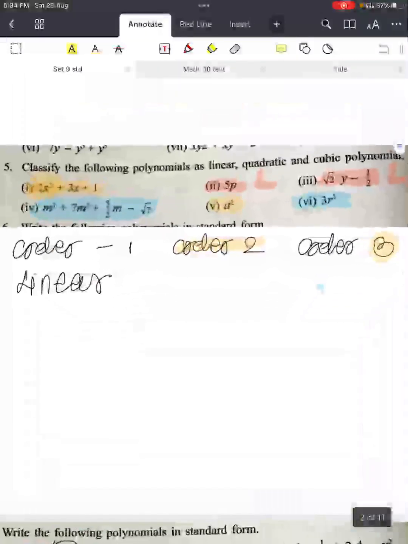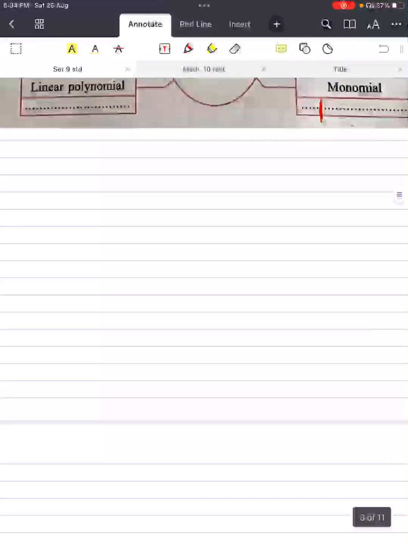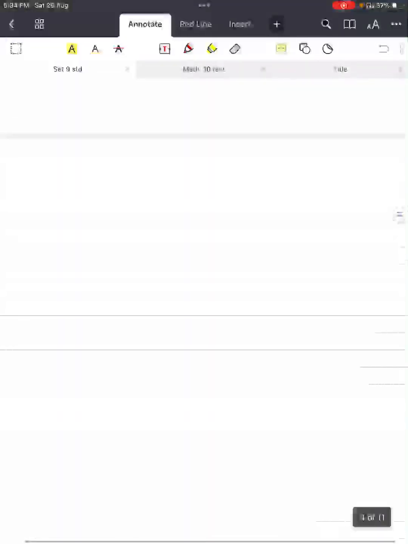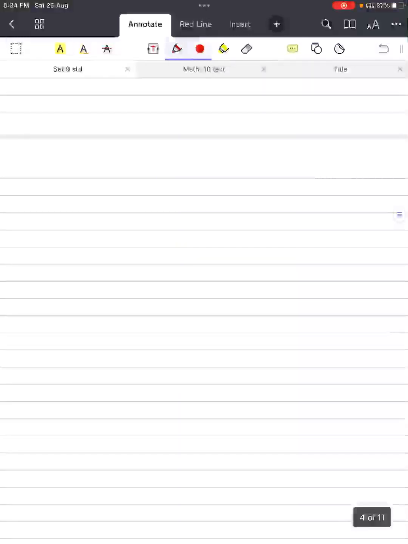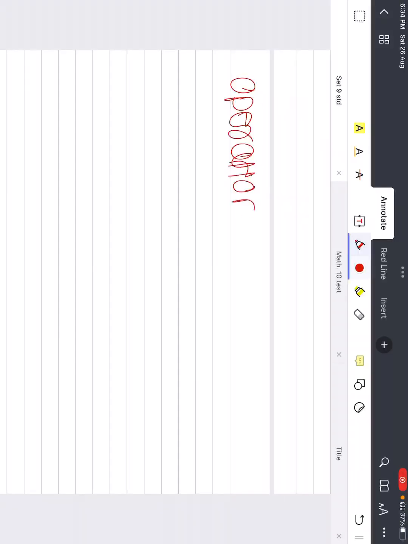Now we are moving a little bit ahead. In this topic we are talking about some basic operations which we do on a polynomial. So the title is Operations on Polynomial.